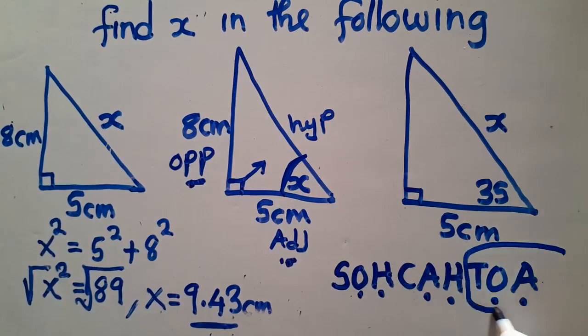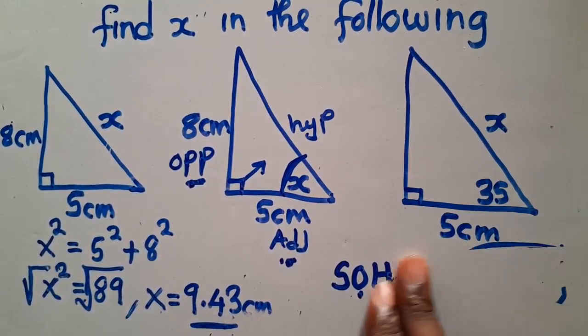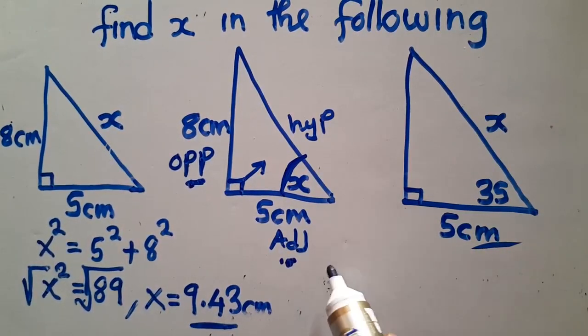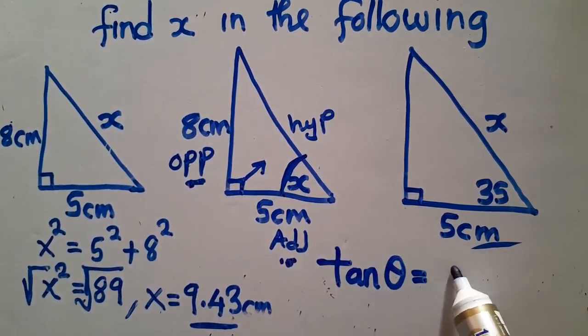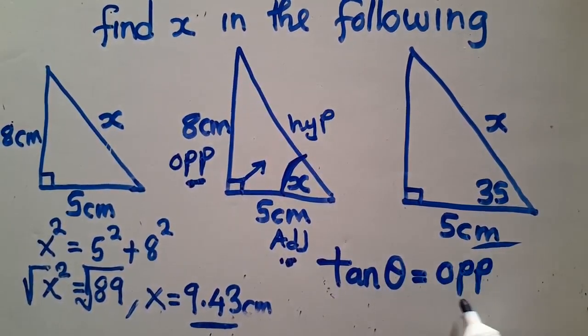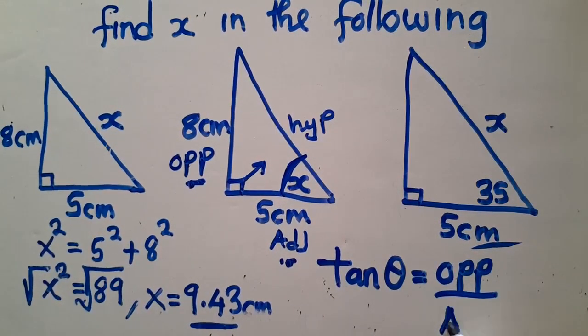So it means it is this one here. I'm going to get the TOA there. So what does the TOA mean? TOA means that tan theta is equal to opposite over adjacent.